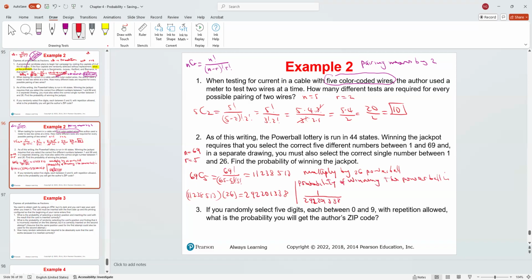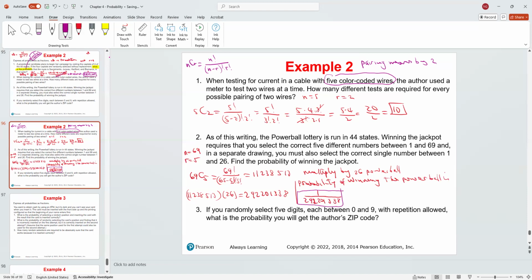292,201,338. When you perform your divisions, you should find this answer for winning the Powerball. You can definitely use a calculator to find it, because that's a lot of work.